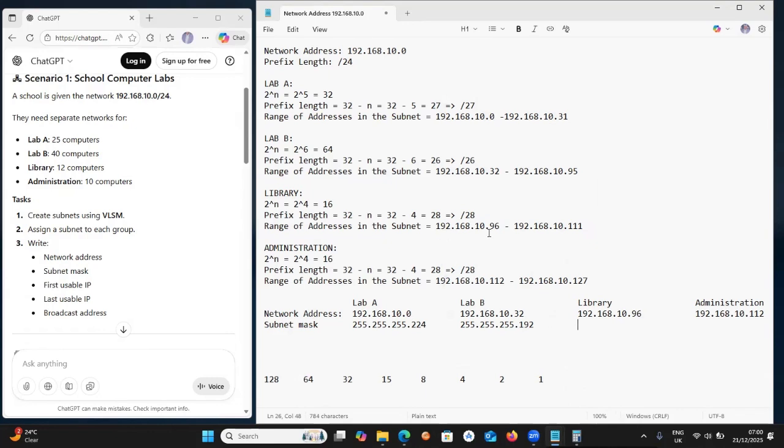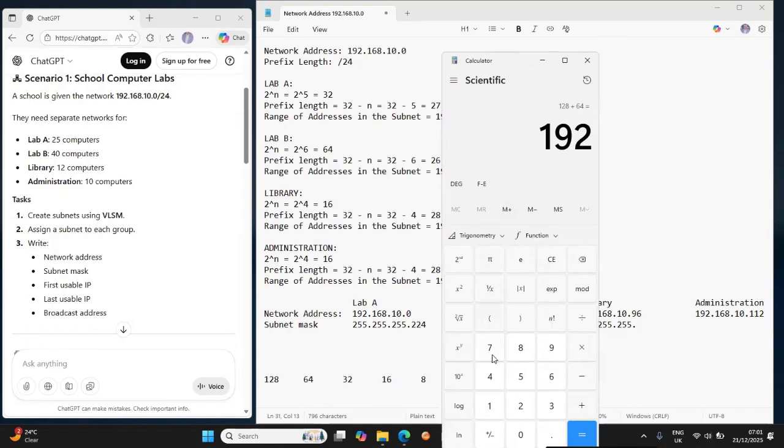The subnet mask for the library is 28. With 28, we have 255.255.255. Out of 28, we already exhaust 24, remaining 4. So the 4 will be the first 4 bits. That will be 128 plus 64 plus 32 plus 16, and that will be 240.